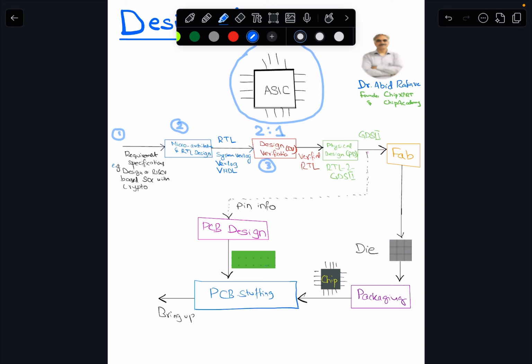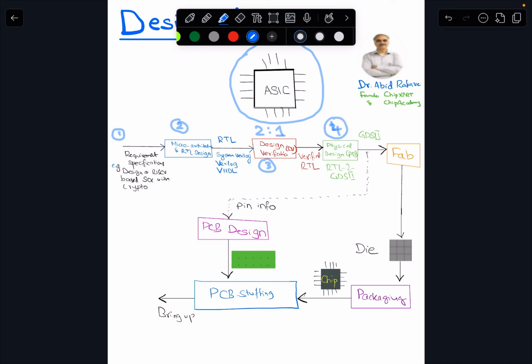Once you have the verified RTL, you can give it to the physical design team. They take this RTL and run it through the RTL to GDS flow: the design library setup, floor planning, placement and routing, timing closure, and finally the sign off to get a GDSII, which is then sent to the fab for fabrication.